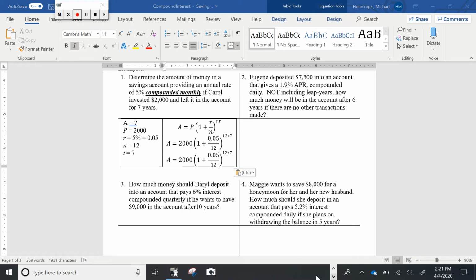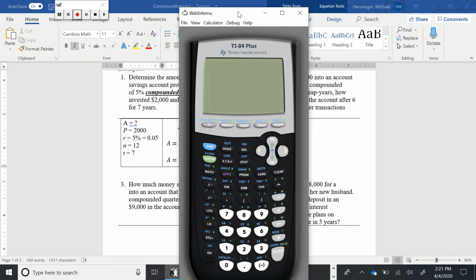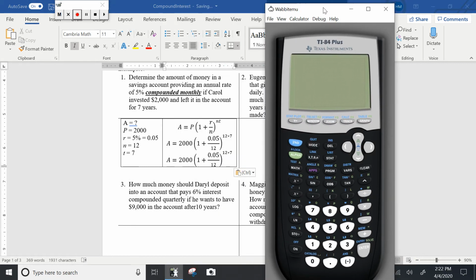Now I'm going to bring out my calculator down here. I have to turn it on first. 0.05 divided by 12. All right, that's a crazy repeating decimal. So I'll tell you what I'm going to do. I'm just going to clear this all out, and I'm going to type this in exactly as we see it.